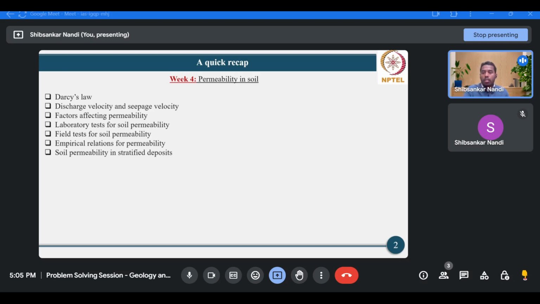In the next section, we have learned about two different velocities, that is discharge velocity and seepage velocity. And I hope you know the differences between these two velocities, which velocity is comparatively larger as compared to the other.